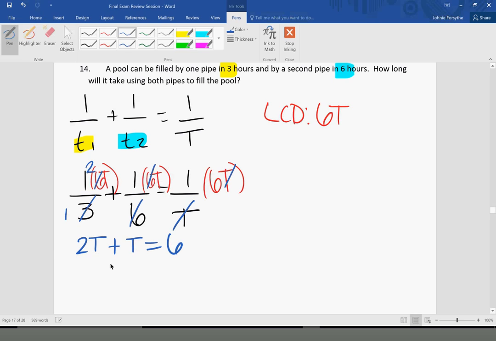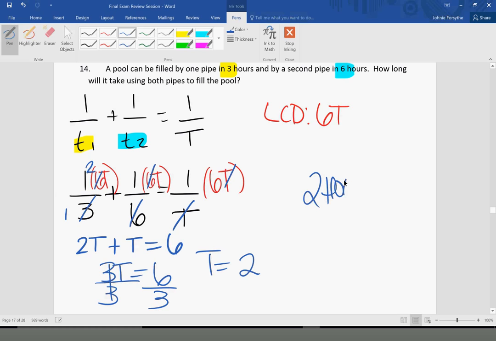So 2T plus T is 3T equals 6. And to solve for T, we'll divide by 3. So T equals 2. So it will take 2 hours for them to fill the pool using both pipes. Okay? But this is the formula you would use for all those work problems like this.